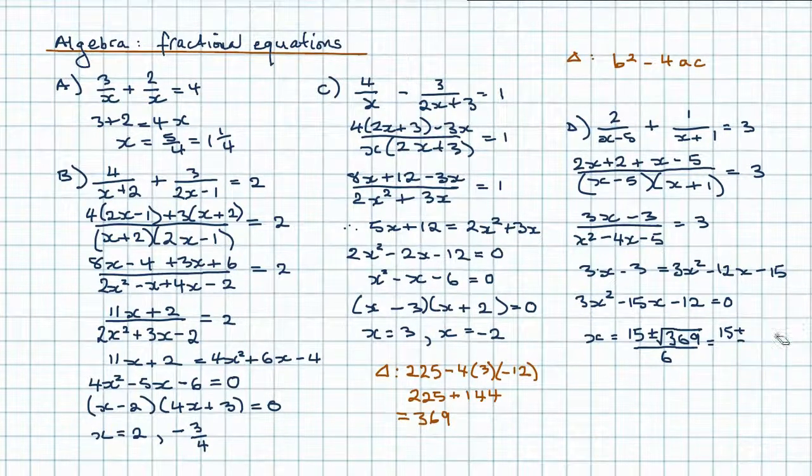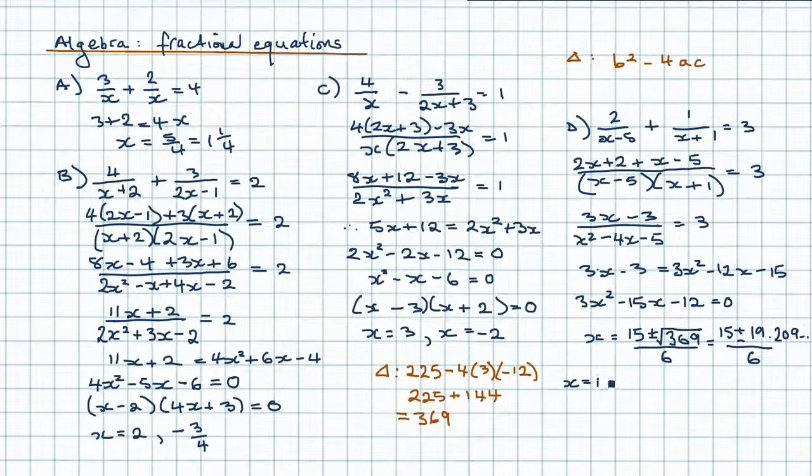So 19.209, that gives me more room. There we go. Divided by 6. And on the next line, I can then split these apart. So I've got x equal to 15, and let's do the minus first.